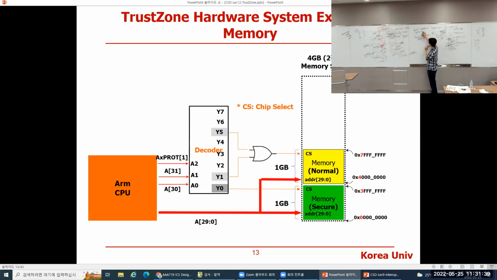And AXPROT will sometimes be 1 for normal world, but that memory can still be accessed when you are in secure state. So in secure state, AXPROT is 0, and you can still access 0, 1. No more normal world only, so the memory can still be accessed when you are in secure state.